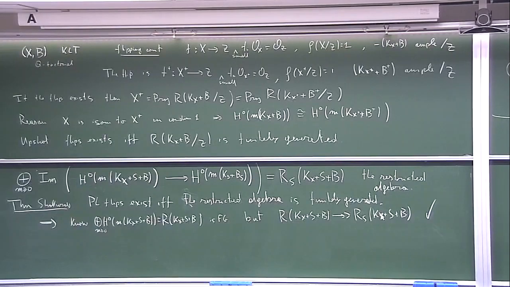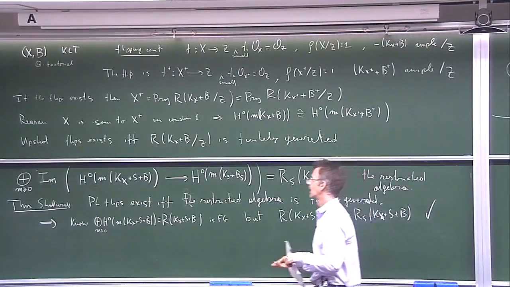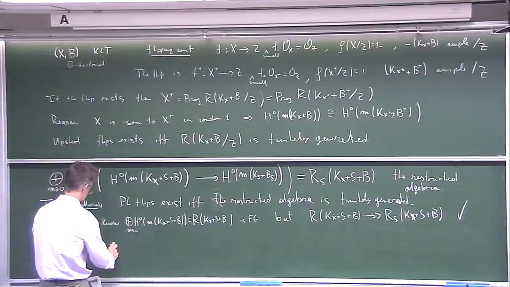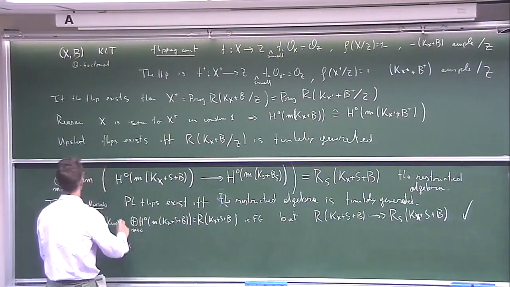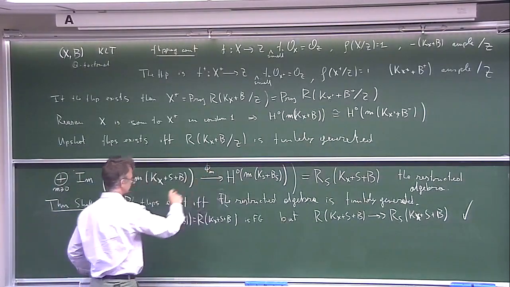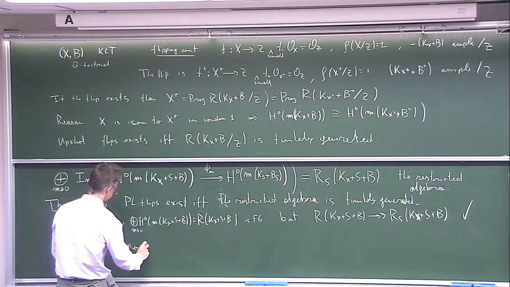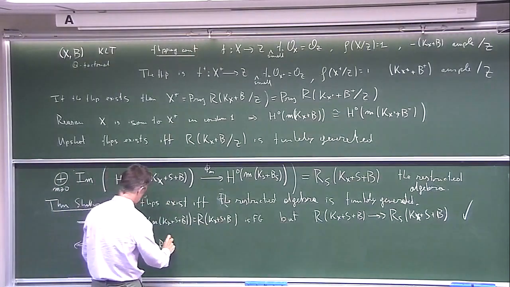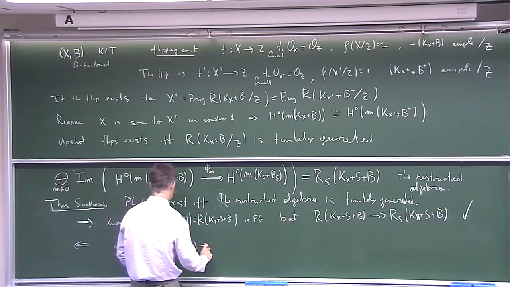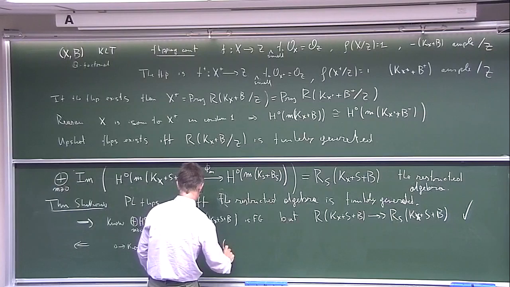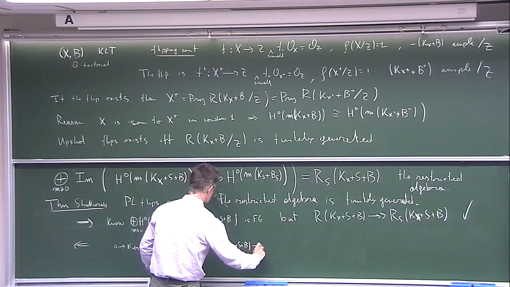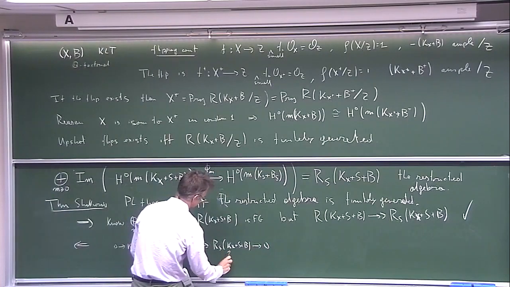Okay, so that direction is easy. The other direction is hard, right? Because in the other direction, let's call this map phi, which on the nth graded piece gives the kernel of phi goes to R(K_X plus S plus B) goes to R_S(K_X plus S plus B). So suppose I know that this is finitely generated.